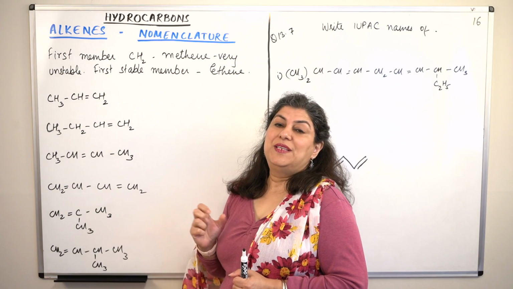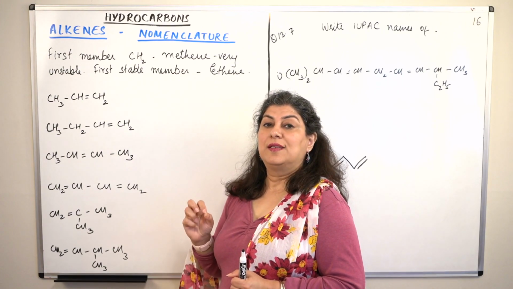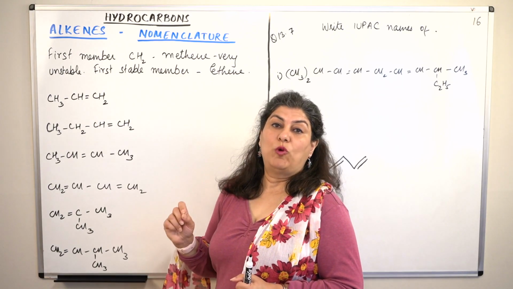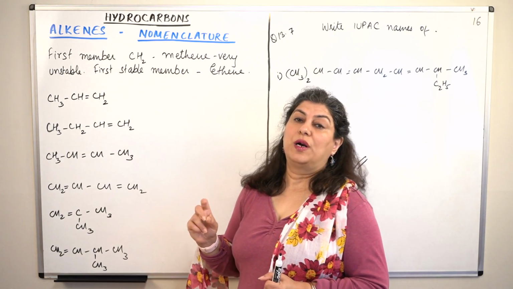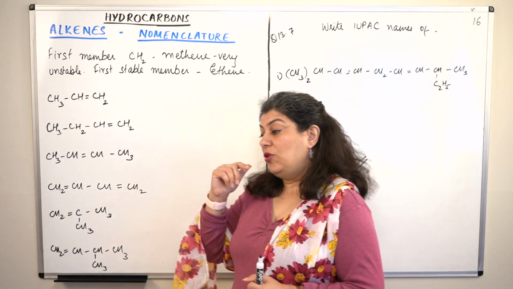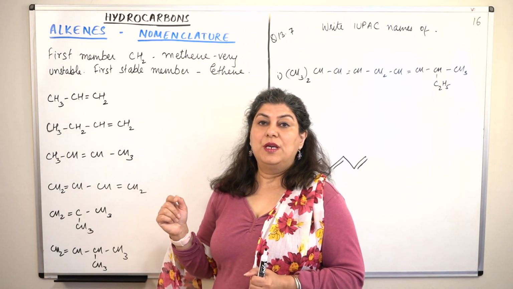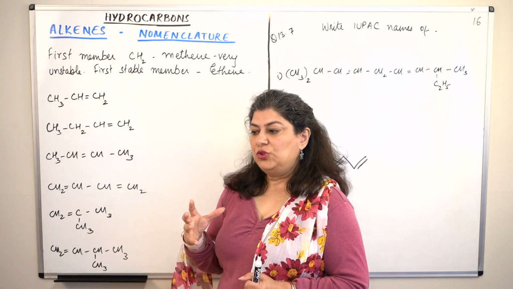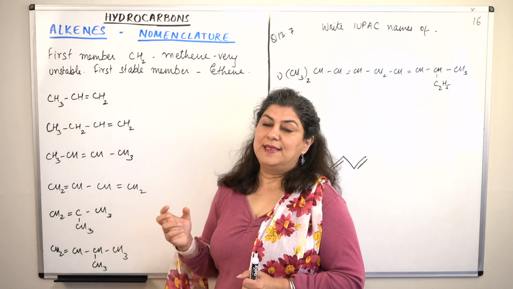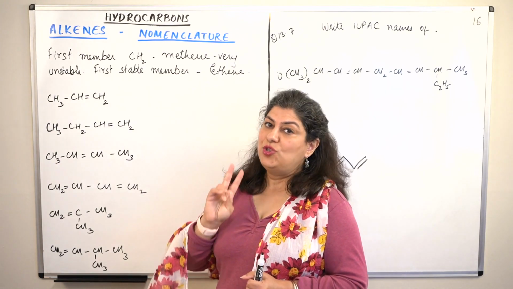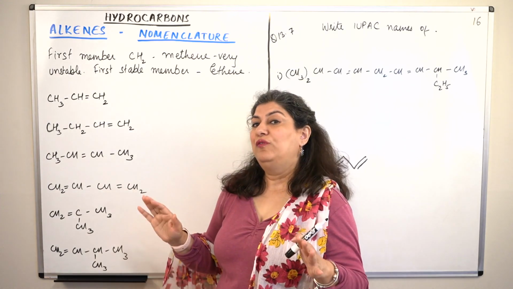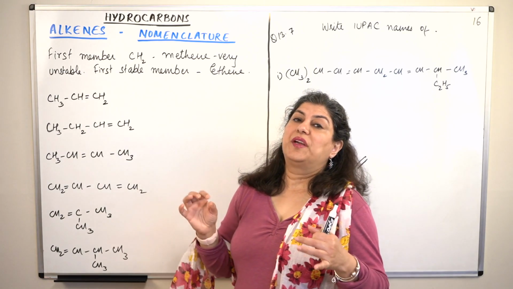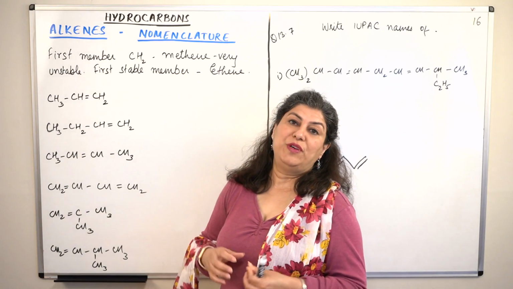The second thing that we say about alkenes is that alkenes are those compounds which have at least one carbon-carbon double bond, or one double bond between two carbons. So in order to satisfy that requirement, you need at least two carbon atoms in an alkene. The first stable alkene is actually ethene, which has two carbon atoms and fulfills all the definitions: the general formula, as well as the requirement that there should be a double bond between two carbon atoms.